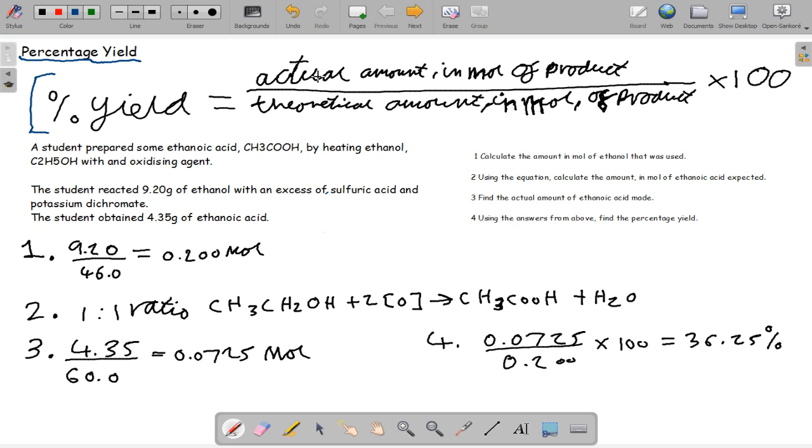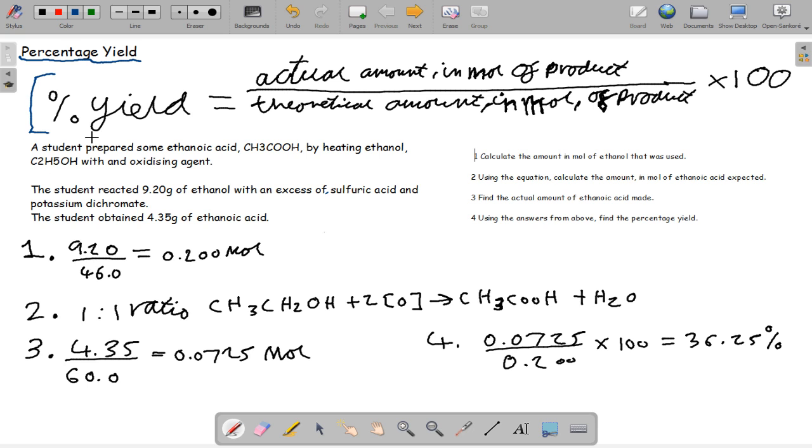Sorry, the other way up. The amount of grams of the product, so grams over MR is moles, and the theoretical amount, i.e. if I put 8 grams in, then 8 grams should come out.